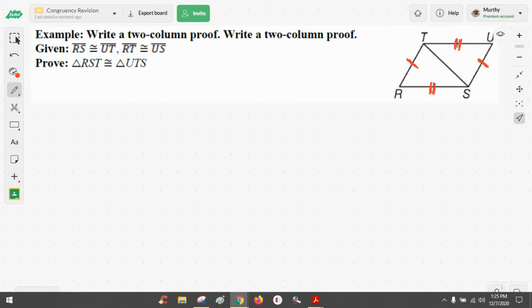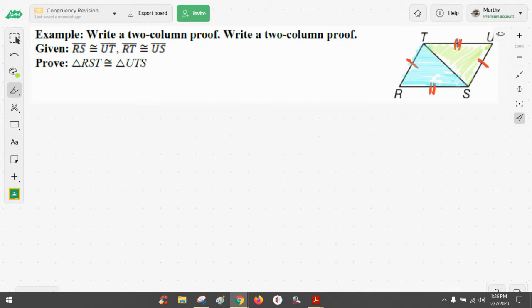So I see two triangles. If you want, you better shade them so you can better understand how many triangles there are. Here is one triangle, here is one triangle, and the other triangle is unshaded. Let me shade this one too. These two are similar colors, blue and green.